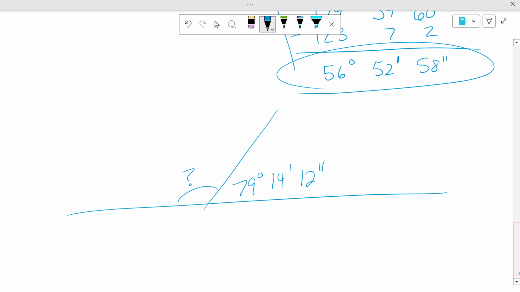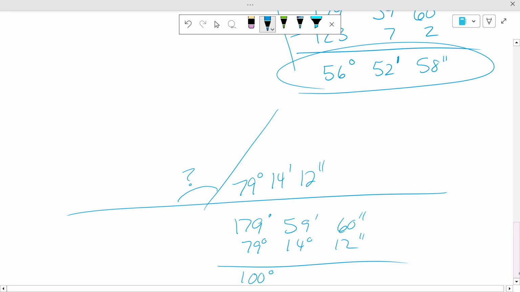So instead of taking 180, I take 179 degrees, 59 minutes, and 60 seconds, and subtract 79 degrees, 14 minutes, and 12 seconds to get 100 degrees, 45 minutes, and 48 seconds.